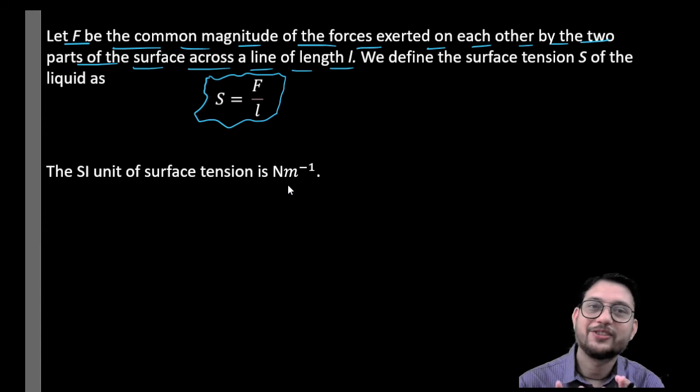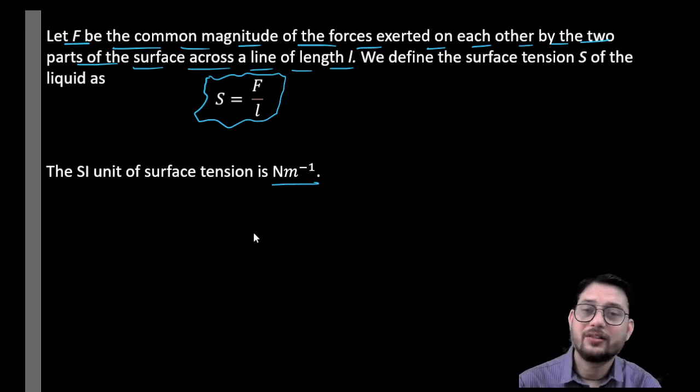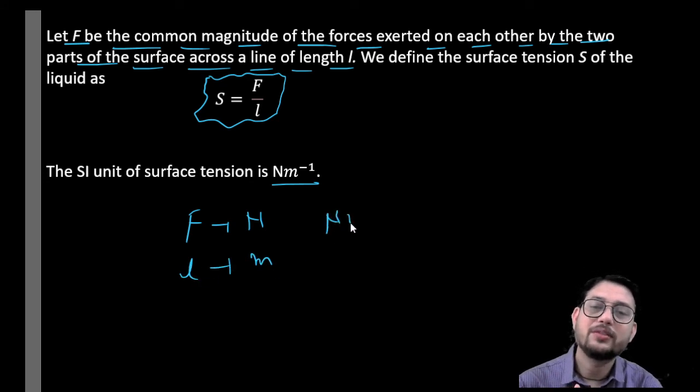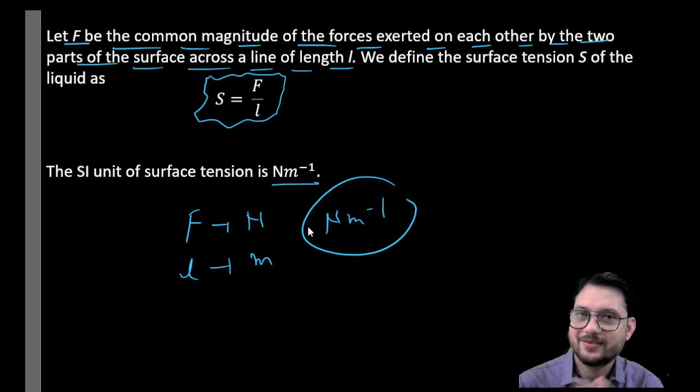So force per unit length simply expresses the surface tension, and its SI unit will be Newton per meter, because the unit of force is Newton and the unit of length is meter, so it will be Newton meter inverse. This is now clear in your mind, as I believe.